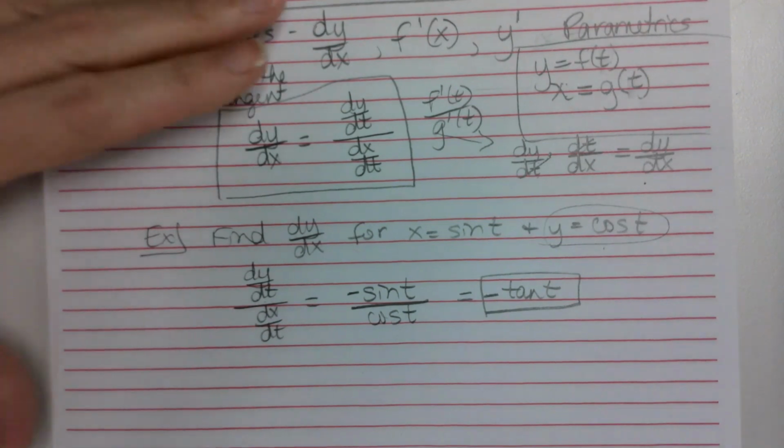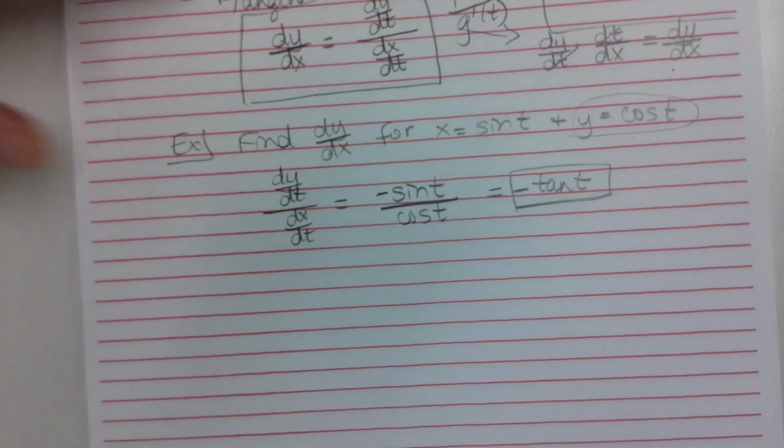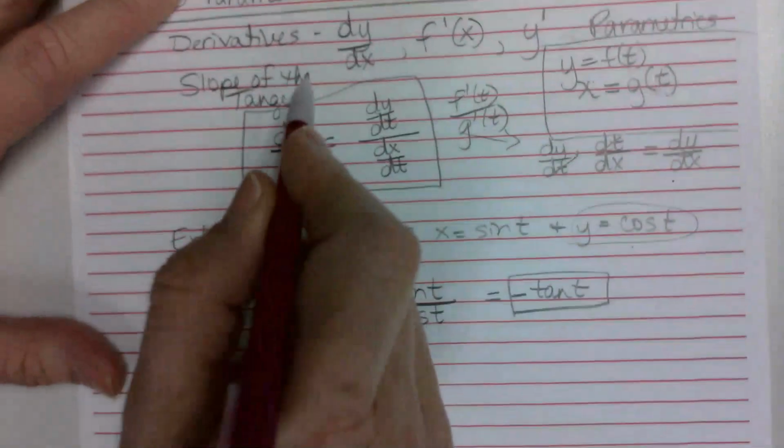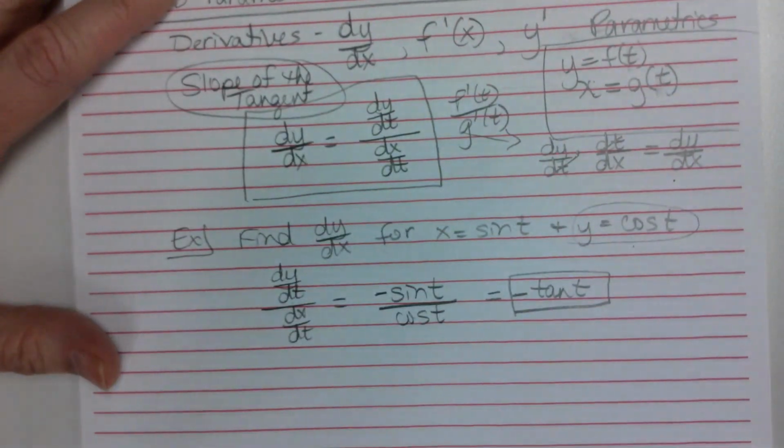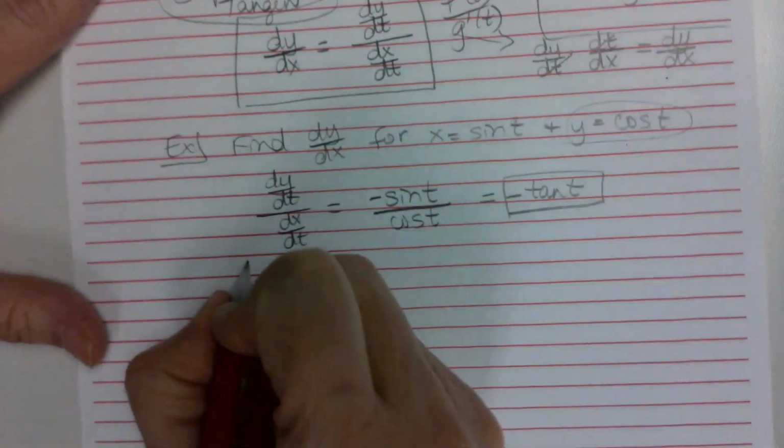So how could I make a problem like this more difficult? We started out with just derivatives. What was the first kind of application for derivative? Not just the slope of the tangent, but the equation of the tangent.